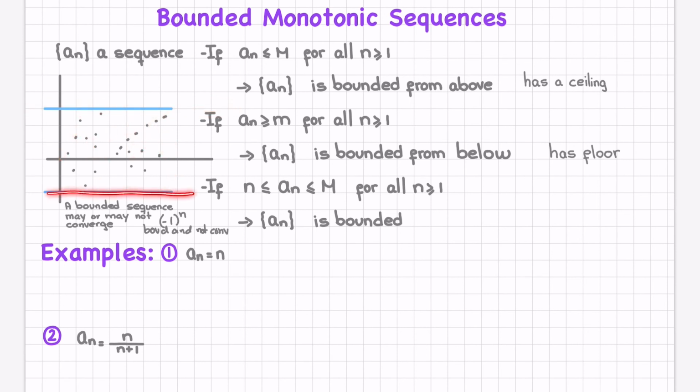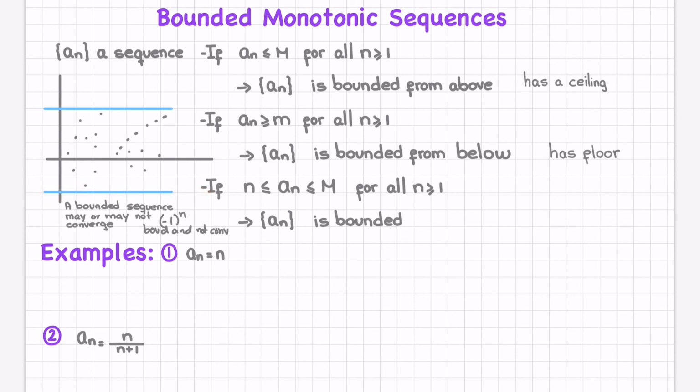And the lower bound is a number below, where all the elements of your sequence lie above. So if your sequence is all below a number like this, we say that it is bounded from above. And if all the points in your sequence are above one number, then we say it is bounded from below.